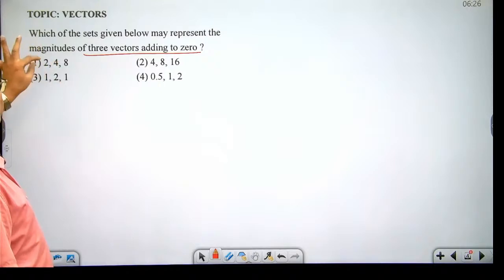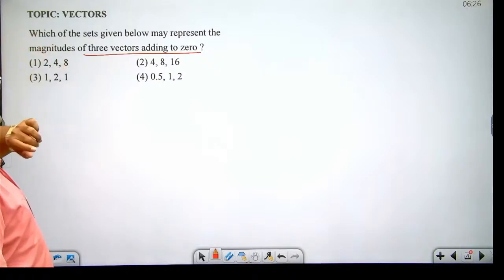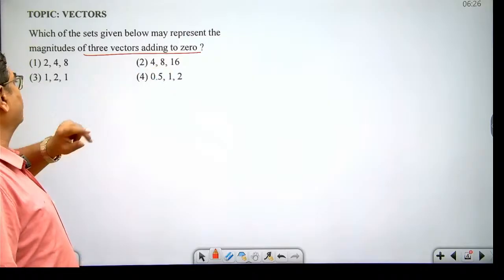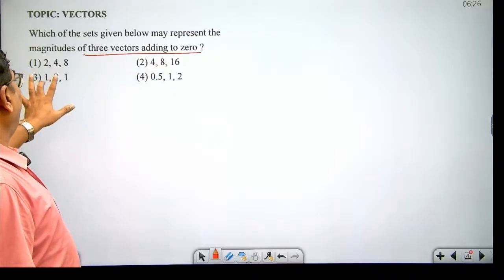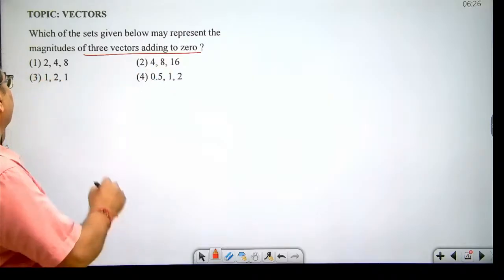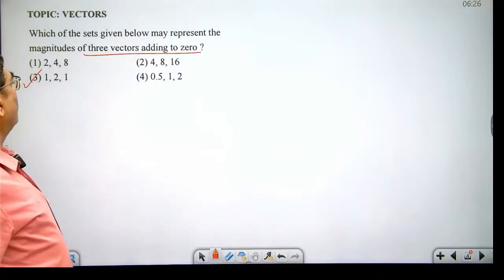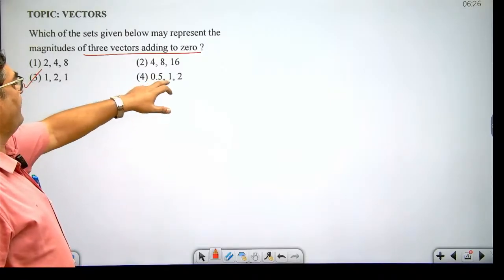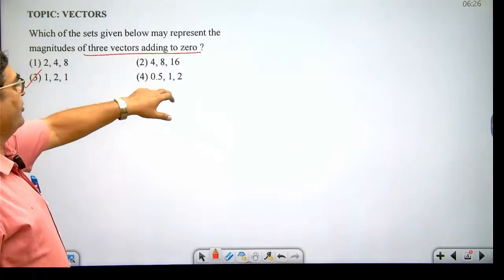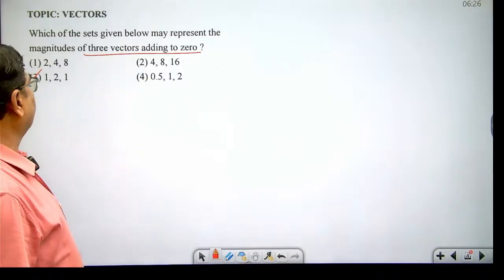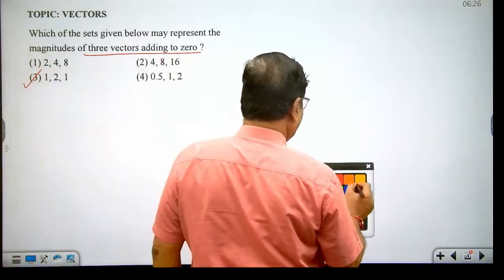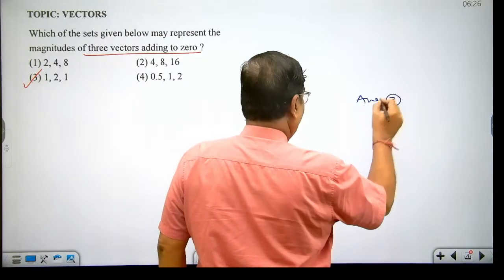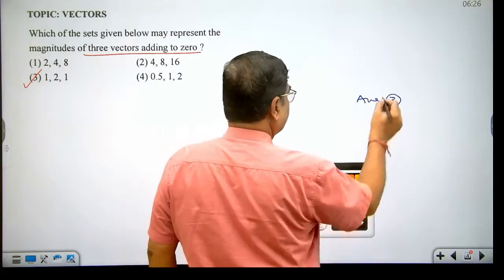So 2 and 4 give a maximum of 6, so 8 cannot be cancelled. 4 and 8 give a maximum of 12, so 16 cannot be cancelled. 1 and 1 will become 2, so definitely this can be cancelled. So here our answer is option 3. Option 4 cannot be the answer because 0.5 and 1 can produce a maximum of 1.5, so 2 cannot be cancelled. So out of 4 choices, the correct choice is option 3. Option 3 is the correct answer.